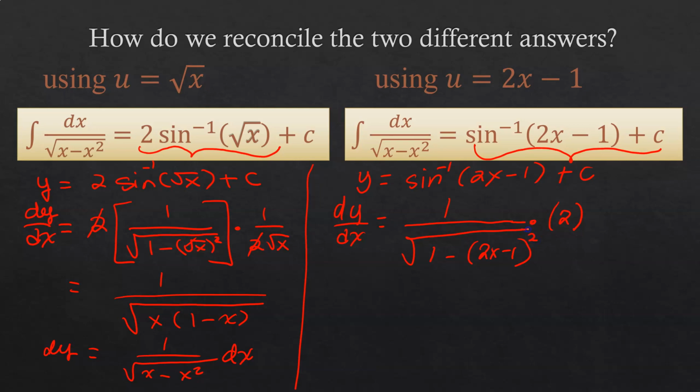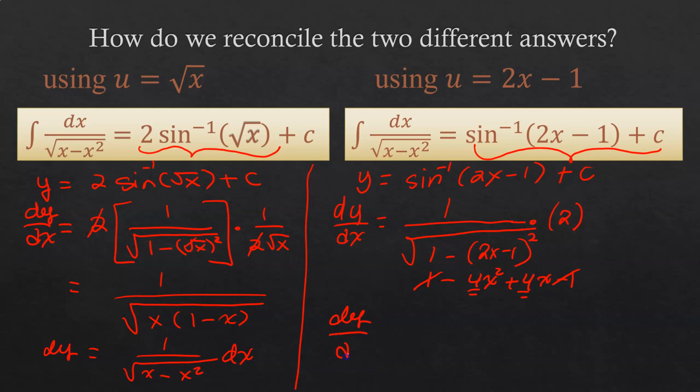And there is a square right there. Now if we multiply this out, we will have 1 minus 4x squared minus minus is plus 4x, minus 1, right? Plus 1 minus 1 is gone. There's a 4 right there, so I can factor out the 4.